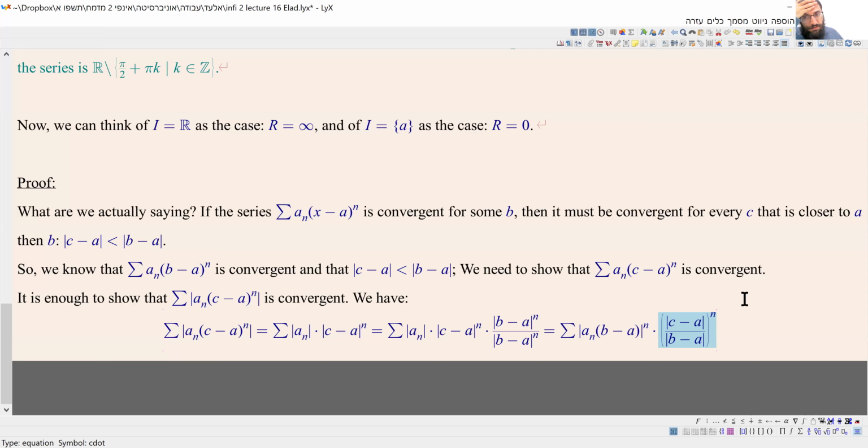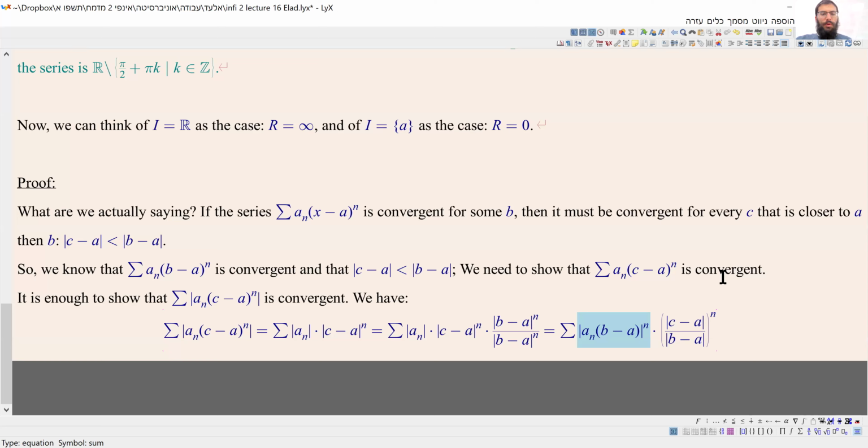We know that the series of this expression is convergent because even though there are many letters there, it is a geometric series. Something to the power of n, and the something, c minus a over b minus a, is smaller than 1 because of the relation between c and b. But we do have this little fellow here. How do we get rid of it?